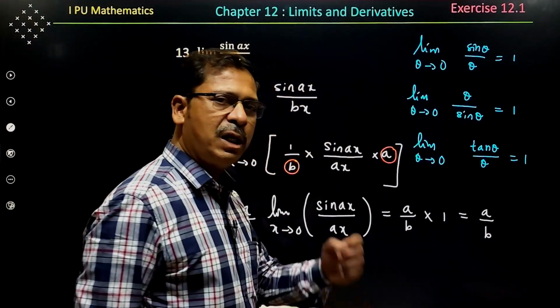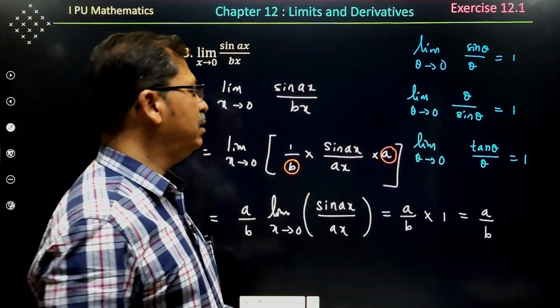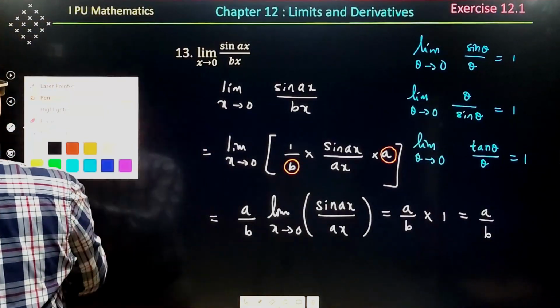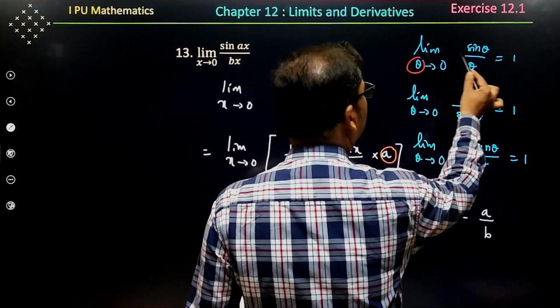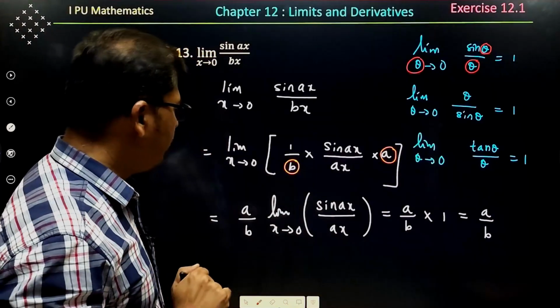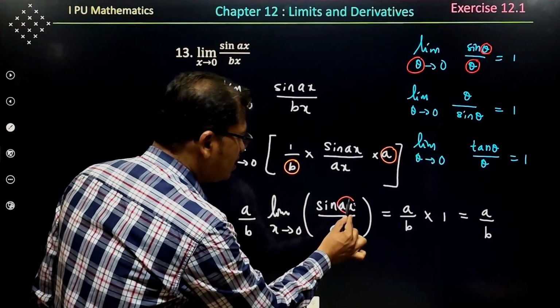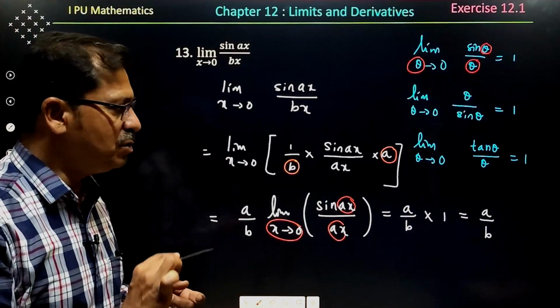But there may be a slight confusion if you think very seriously. Sir, theta is tending to 0. Please concentrate, try to understand here. This theta, this one and this one, these three must be same. But this ax is same with this ax, but there is a slight difference here. X tends to 0.